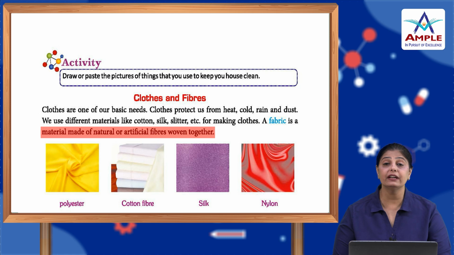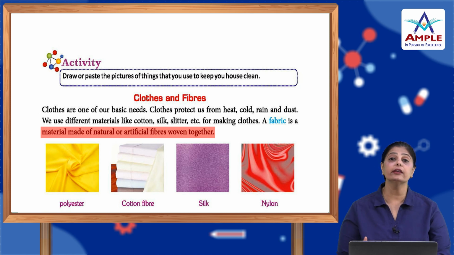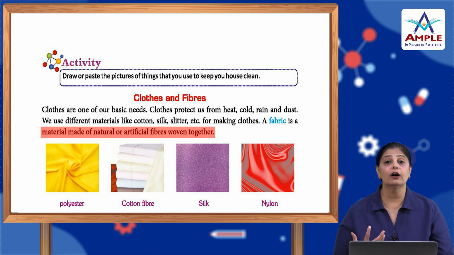So, in order to prevent that, they started collecting leaves and making clothes out of the leaves, but obviously these leaves cannot stay for long and they cannot protect you at all times. So, that is when they started utilizing things available in nature and started making fibers and fabrics. This is how, due to needs, inventions were made.